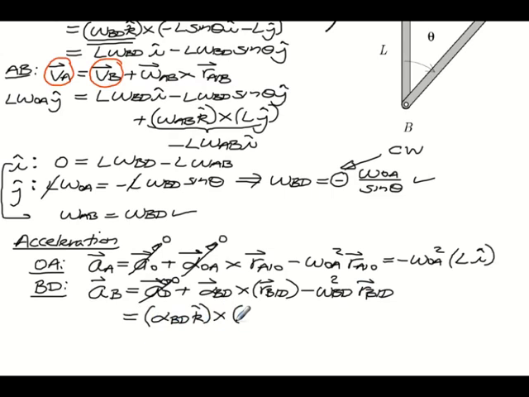The vector which goes from D to B, that's going to be minus L sine theta i minus Lj, and minus omega BD squared R_B with respect to D, I need to write that one out. So I have again minus L sine theta i minus Lj.